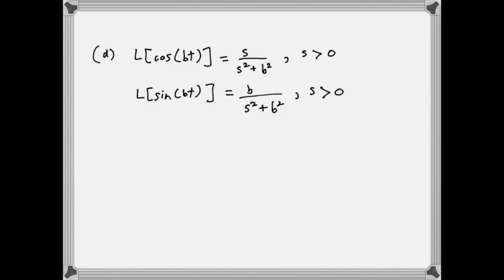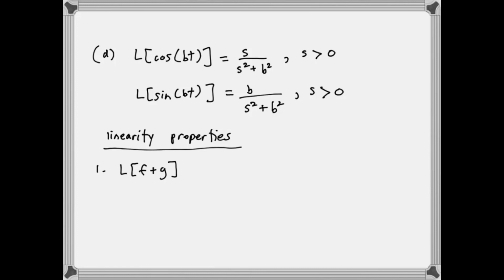So we now know the Laplace transform of some basic functions. I want to talk about some linearity properties of the transform as well. First, an important property is that the Laplace transform of a function plus another function is going to be the Laplace transform of f plus the Laplace transform of g.